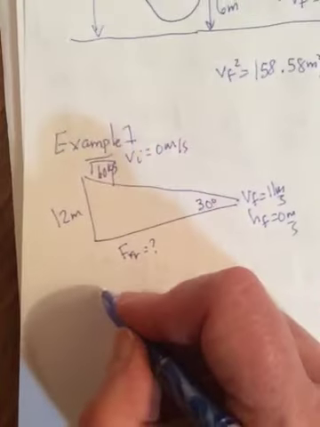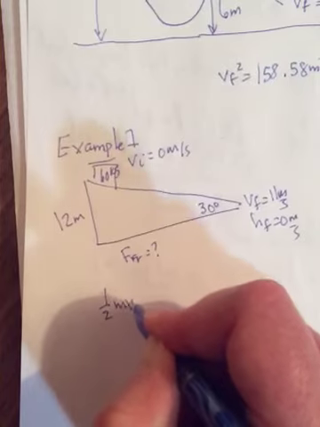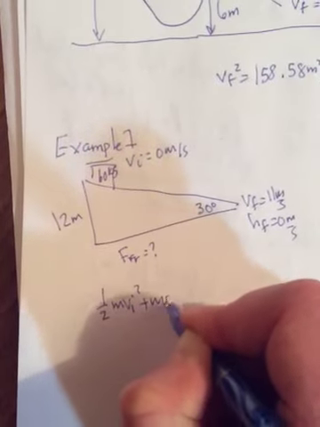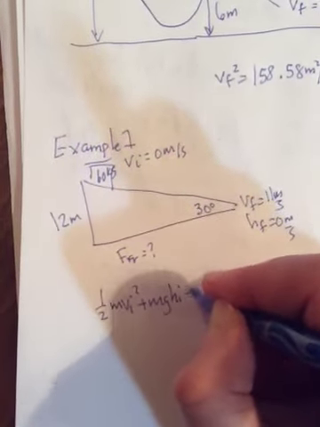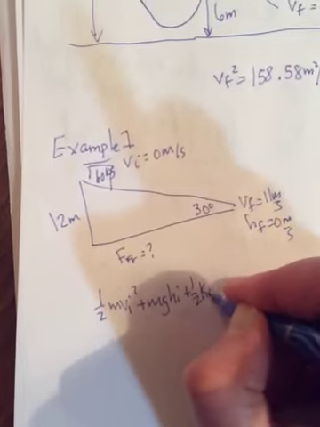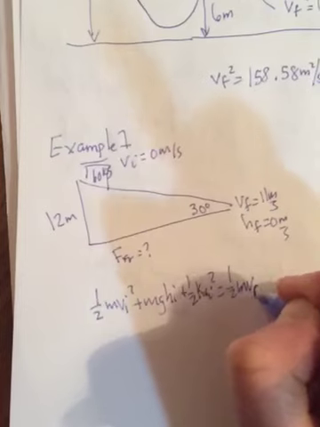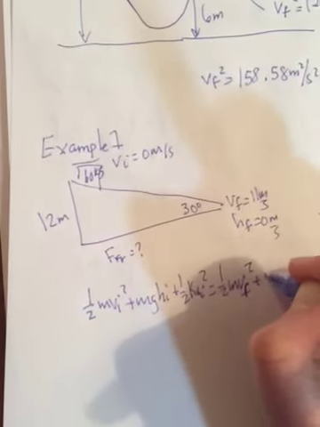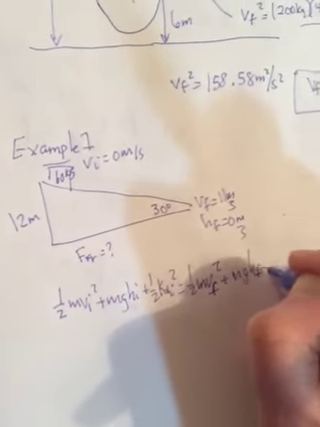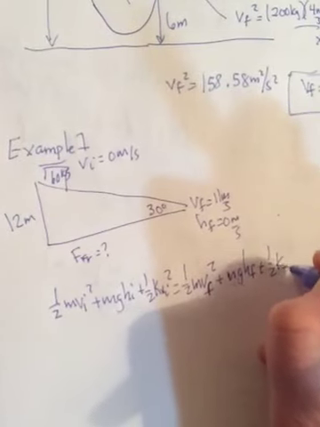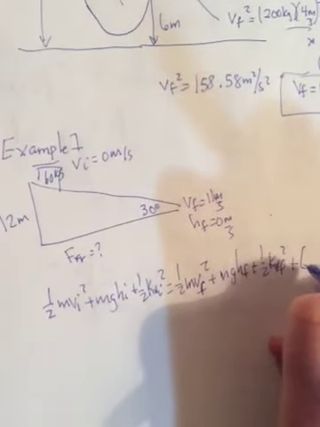Okay, so if we use our energy equation, 1/2 mv initial squared, mg h initial, 1/2 kx initial squared, equals 1/2 mv final squared, mgh final, 1/2 kx final squared plus E lost.